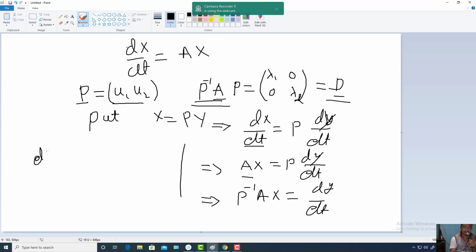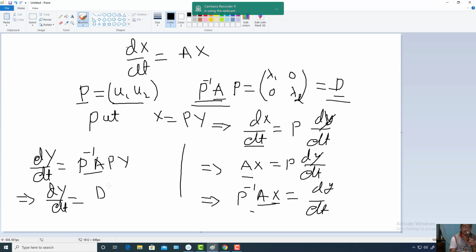Dy by dt is equal to p inverse a py, but p inverse ap is the diagonal matrix D, na? So that means dy by dt is equal to dy.